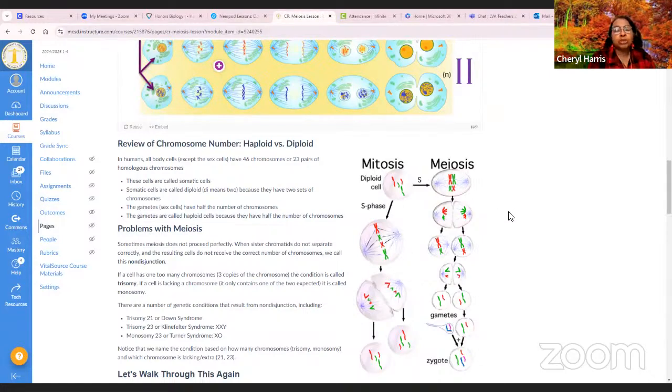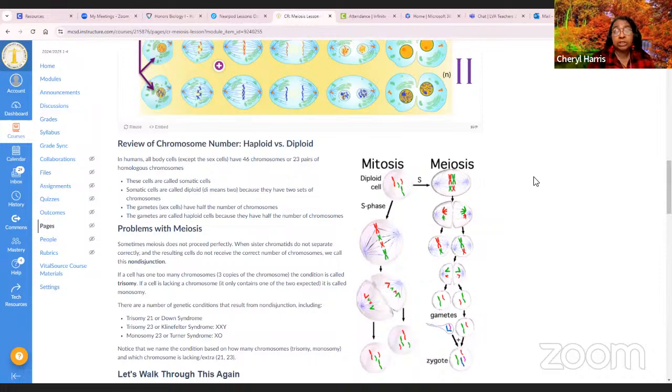You also need to remember that during our cell cycle, interphase is not part of mitosis or meiosis, but it is the preparation stage for these things to happen. The chromosomes are getting ready. Mitosis and meiosis are the stages of what the chromosomes are doing once they've been replicated, and how they are divided and separated into new cells.